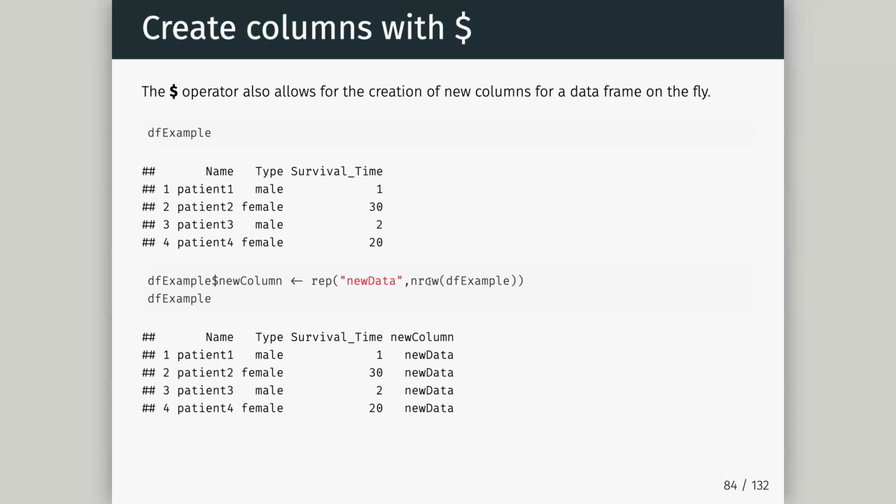The number of times I want to repeat it is the number of rows in my data frame. And then I'm going to get 4. So I've got a new column containing the strings. So we can on the fly add additional columns to our data frame here.